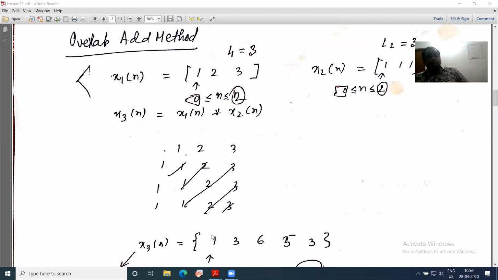And the limits of x3 will be the sum of the lower limits of x1 and x2, and the sum of the upper limits of x1 and x2. Agreed?